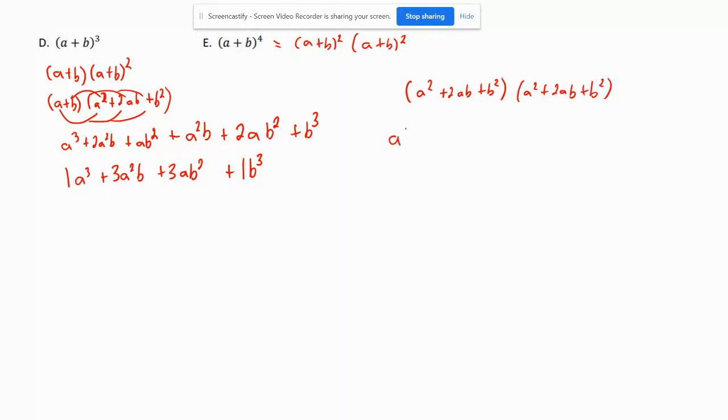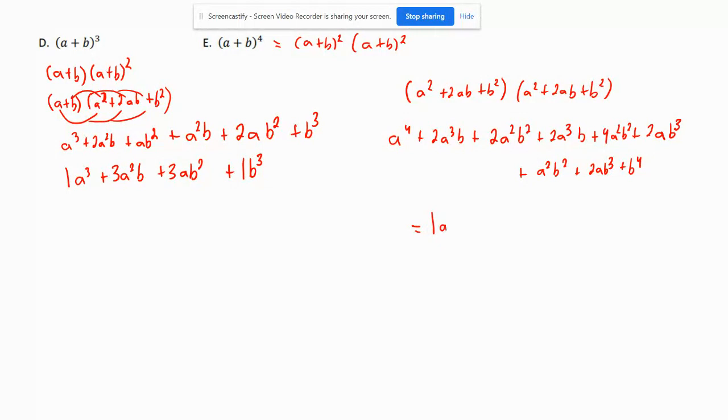That equals a to the 4th plus 2a cubed b plus 2a squared b squared plus 2a cubed b plus 4a squared b squared plus 2ab cubed plus a squared b squared plus 2ab cubed plus b to the 4th.